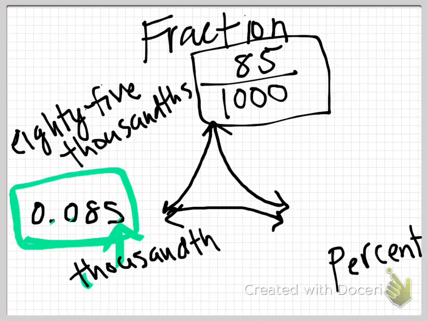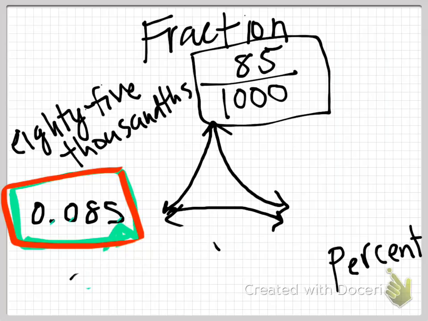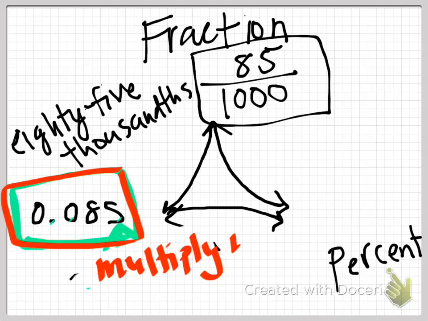Now, percent is different. Percent means per 100. Now, per 100 means that I'm going to take my decimal and multiply by 100 to get the percent per 100.